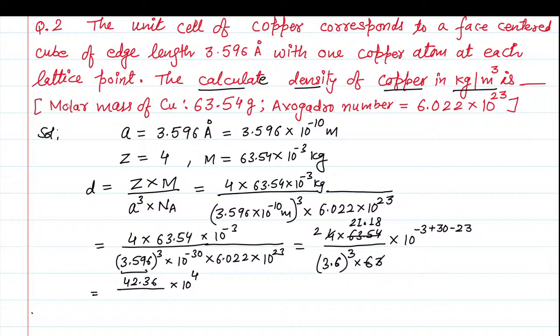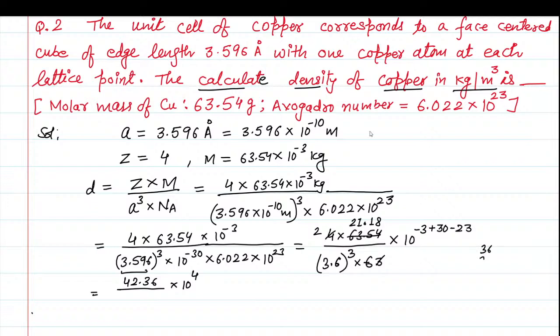You don't have to use the calculator, that is the main crux. Follow, beta. 42.36 divided by 3.6 cube.